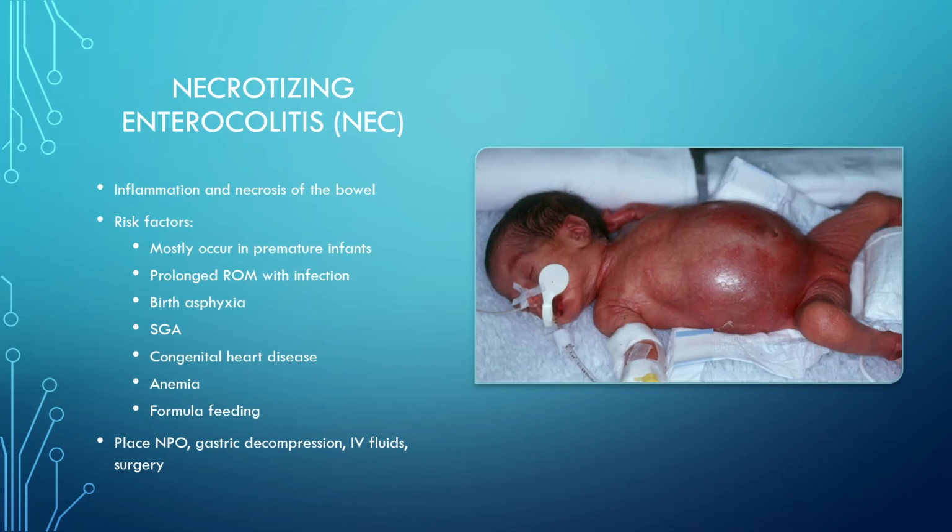Okay. This is why in NICU babies, they really highly encourage not to formula feed your baby. Breast milk is the best for these babies to decrease their risk of NEC.